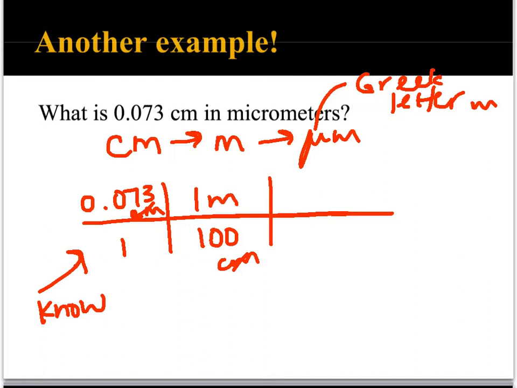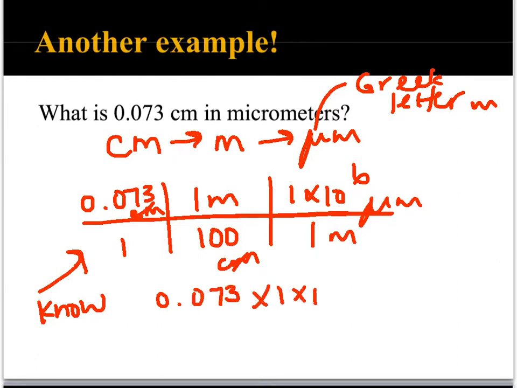The next thing that you need to do is convert from meters to micrometers. So there are 1 times 10 to the 6th micrometers in 1 meter. Okay. So this one looks a little bit different. To get this conversion correct, you would have to say 0.073 times 1 times 10 to the 6th divided by 100.